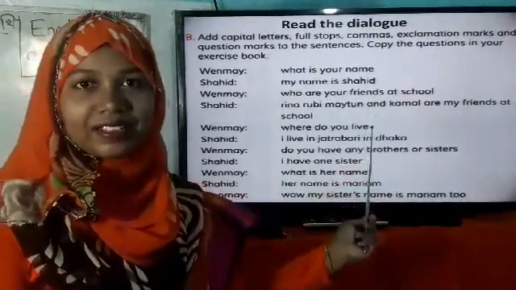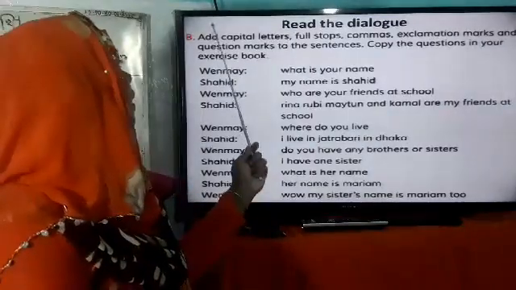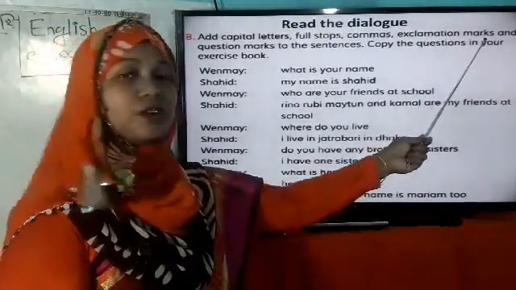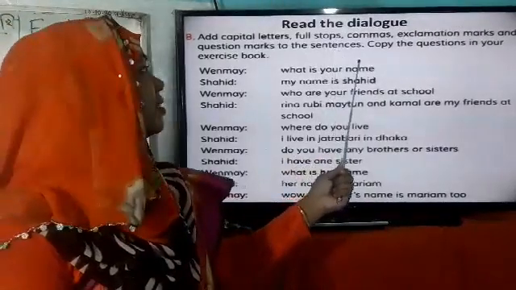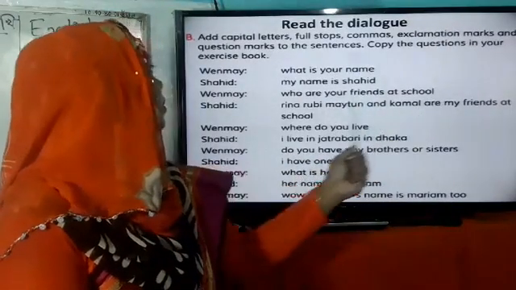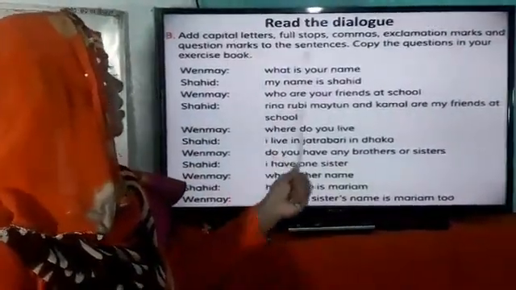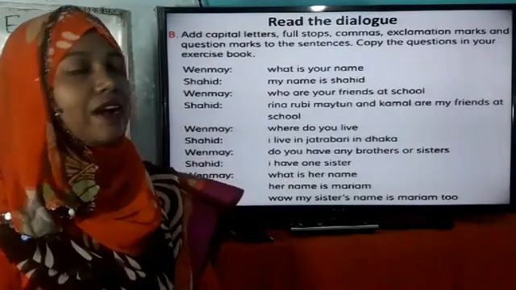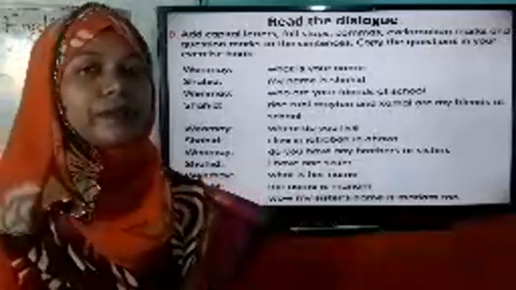Here is the dialogue. এখানে একটি dialogue দেওয়া আছে। So আমি পড়ছি। Number B. Add capital letters, full stops, commas, exclamation marks, and question marks to the sentences. Copy the questions in your exercise book. Dear learners, এখানে বলা হয়েছে যে এই ডায়ালগে তোমাদেরকে ব্যবহার করতে হবে ক্যাপিটাল লেটার, কমা, এক্সক্লেমেশন মার্কস, কোশ্চেন মার্কস, ফুল স্টপ এগুলো ব্যবহার করতে হবে। So let us start.